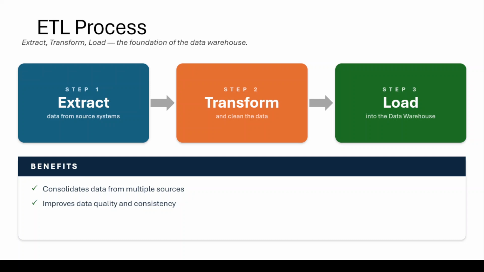Then we go to load. After transformation, that is after cleansing of data, we load that data into the tables. The benefits: it consolidates data from multiple sources, and improves data quality and consistency using transform and load.